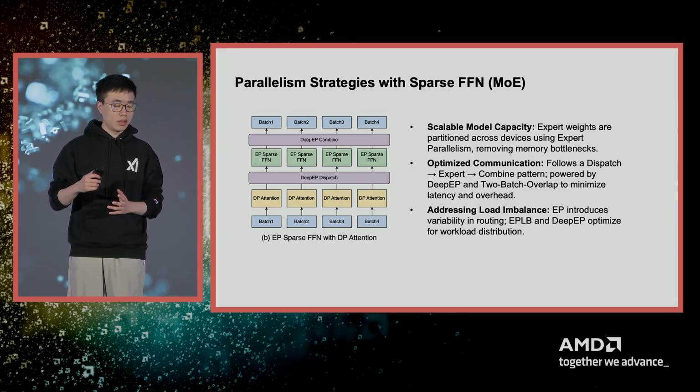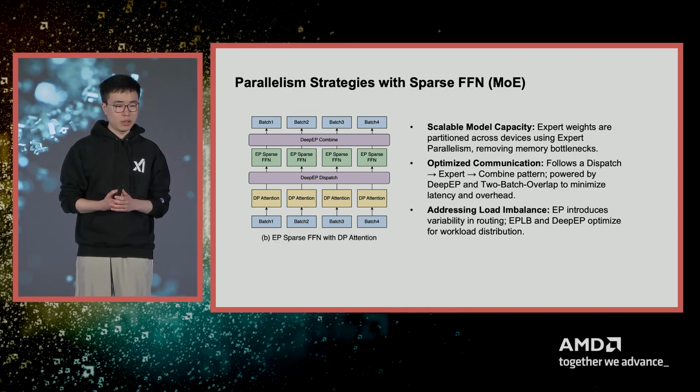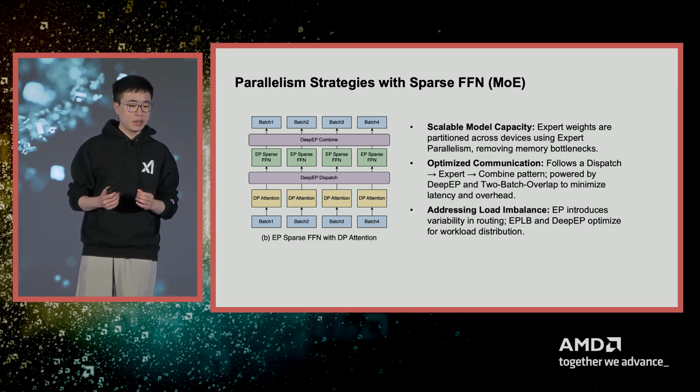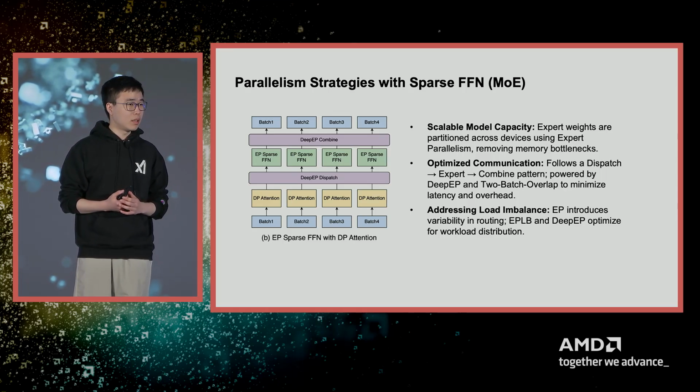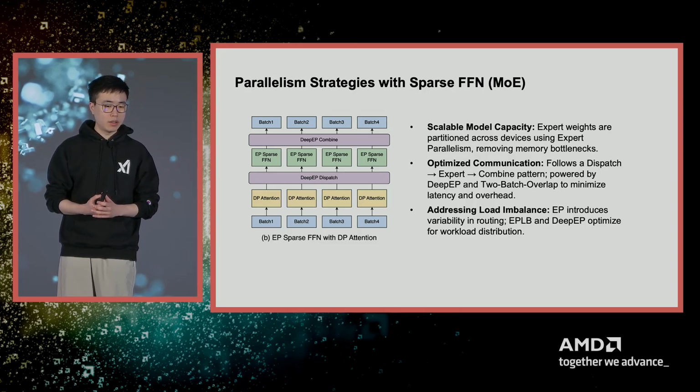Then we go to the mixture of expert layers, which is the interesting part. We first do a dispatch to send the tokens to the corresponding experts. Then the green boxes run the different experts in expert parallelism. Finally, we have a DeepEP combine to reshuffle the tokens and then go into the next layer.